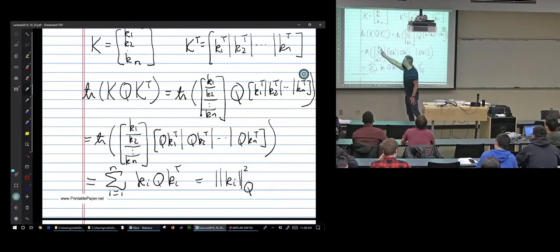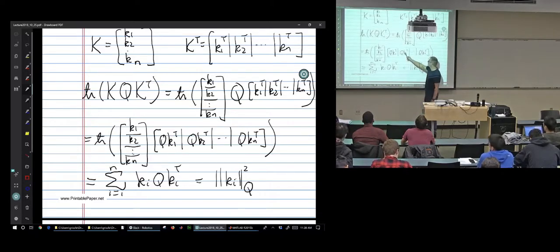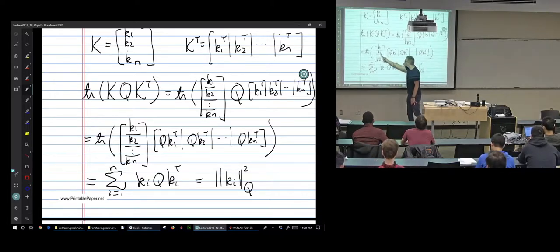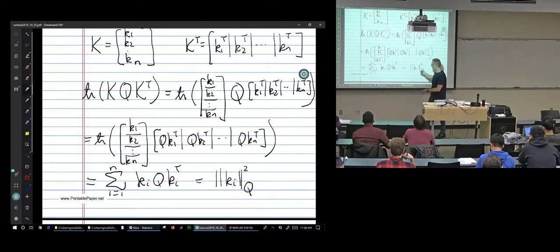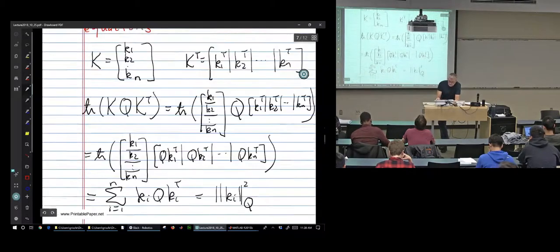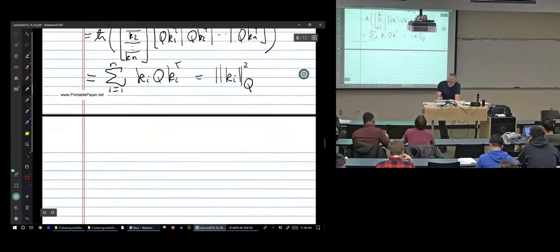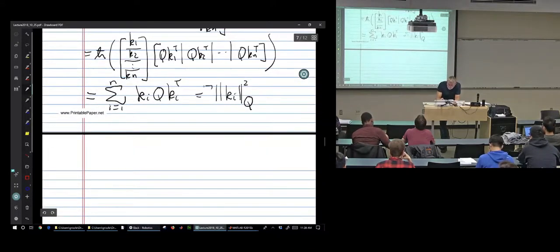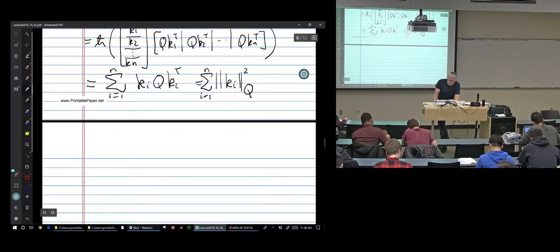To form the whole matrix, the ij element is Ki Q Kj transpose, but we only care about the diagonal. So that's the trace. It just pulls out the diagonal. Okay, so that's what this norm looks like that we're trying to minimize. It's just a sum of a bunch of individual problems. Whoops, I forgot my sum sign here. You guys were being polite and seeing if I would even notice. Okay, I did. Good.